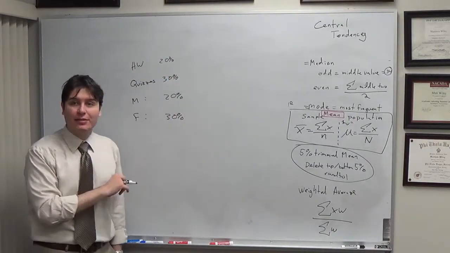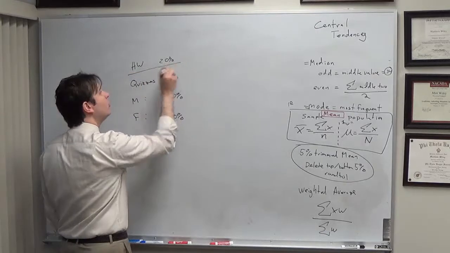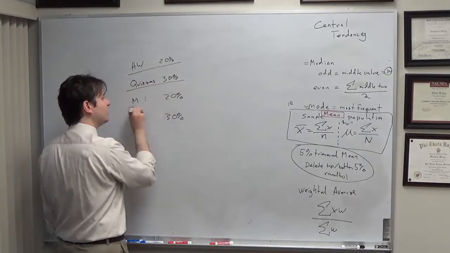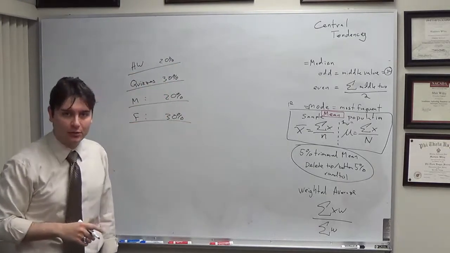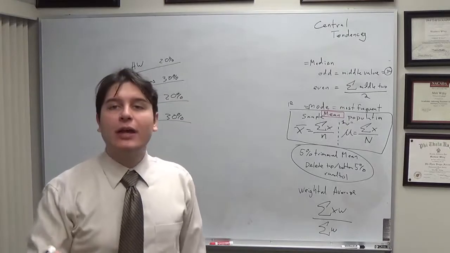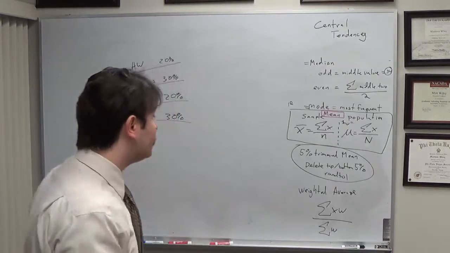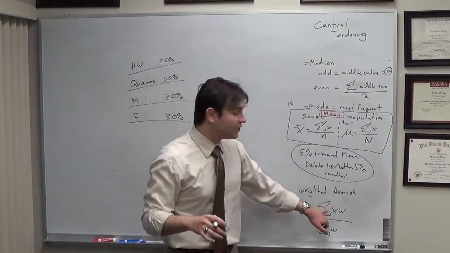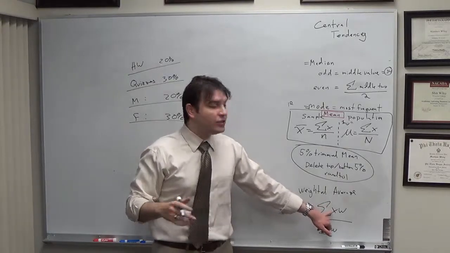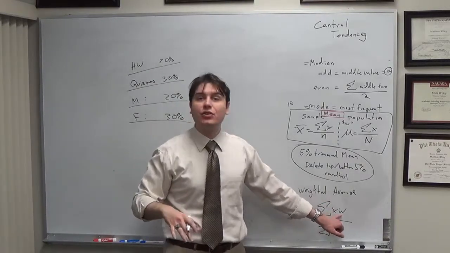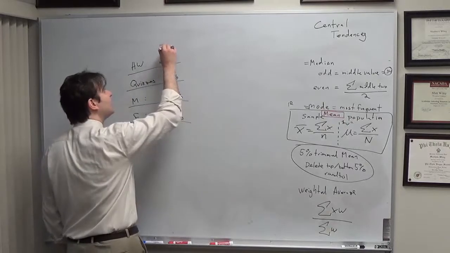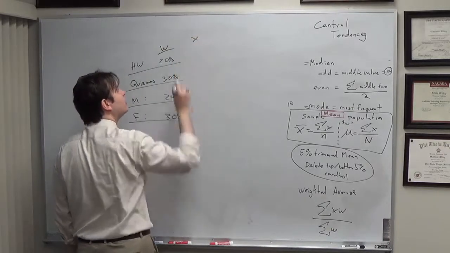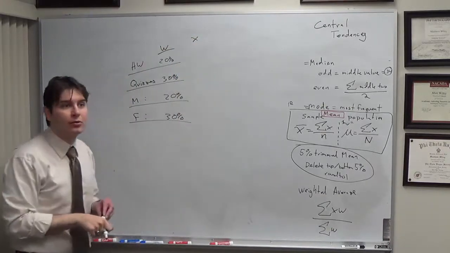This is a weighted average because homework is worth less than the quizzes. The midterm is worth less than the final. How do you calculate what your grade is? Well, you need two pieces of information, and that's what this says right here. You need to know your X values, and you also need to know the weights. So in the syllabus, I give you the weights, and then it's up to you to know your X percent in each category.